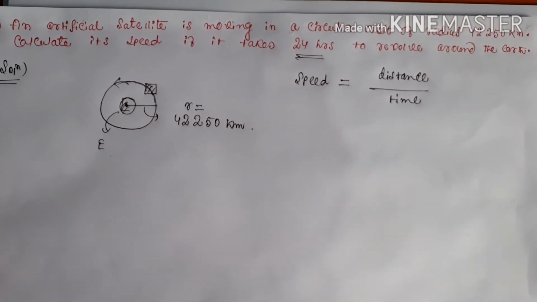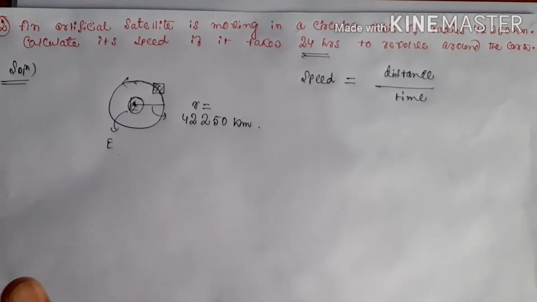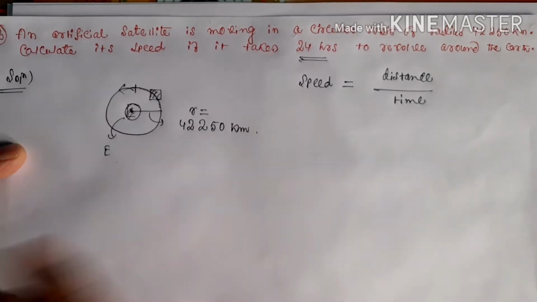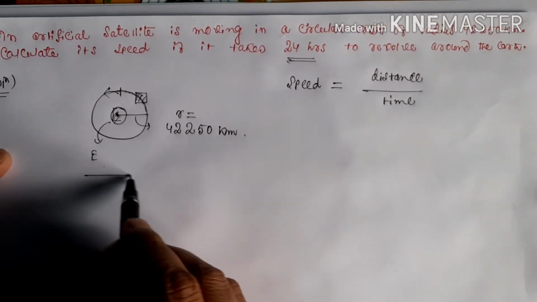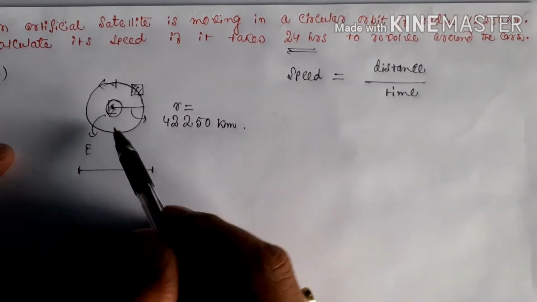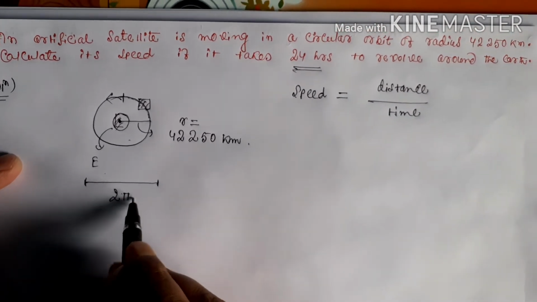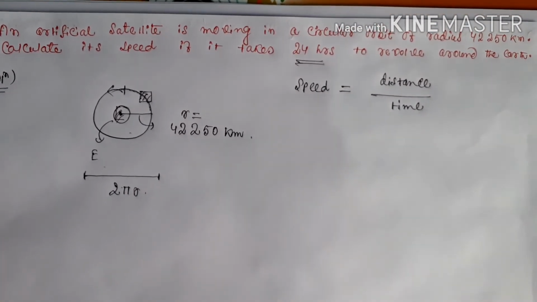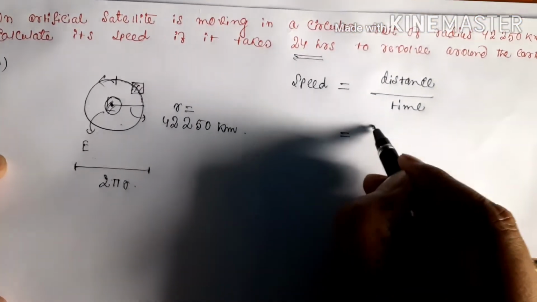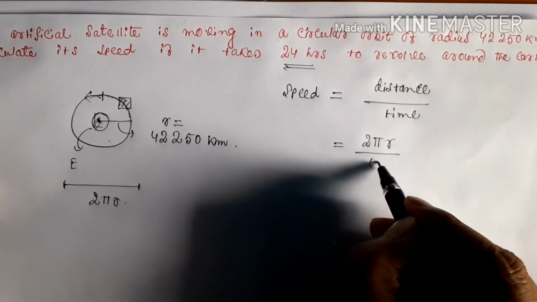To calculate the distance in a circular orbit, we have to calculate the circumference, because if you cut this circle and make it a straight line, you will definitely get 2 pi r, the circumference of this orbit. So distance covered is 2 pi r divided by the time taken.